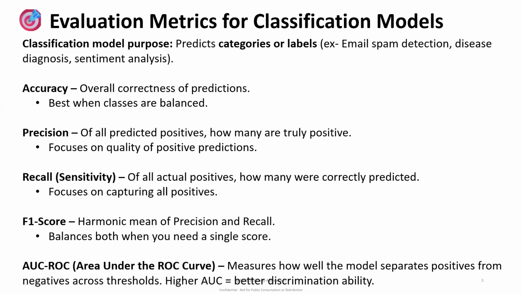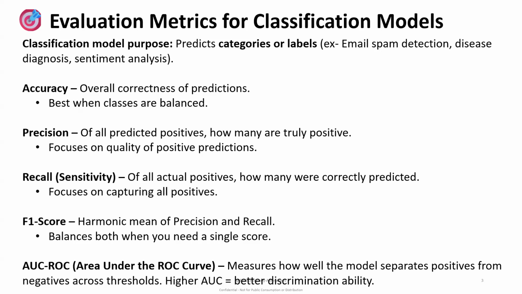Precision is: of all predicted positives, how many are truly positive? It focuses on the quality of positive predictions. In short, when I say yes, how often am I right?